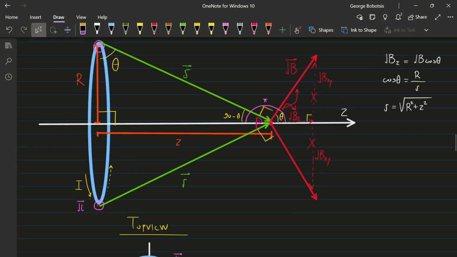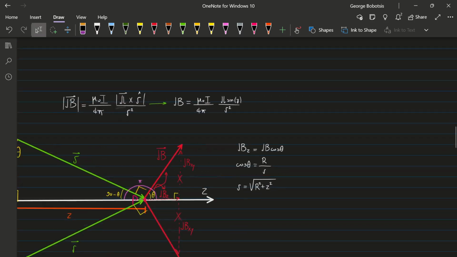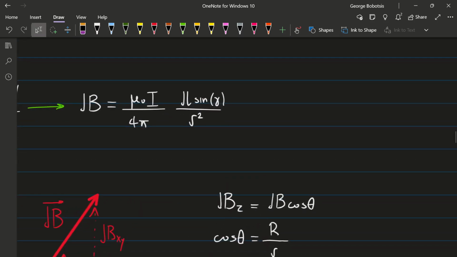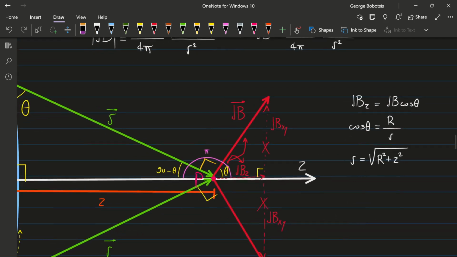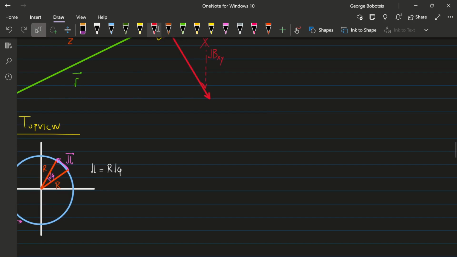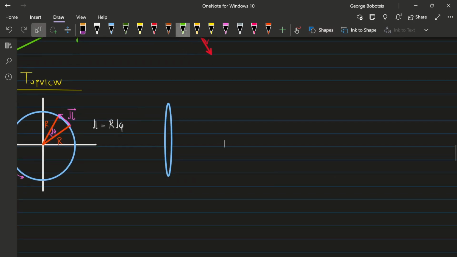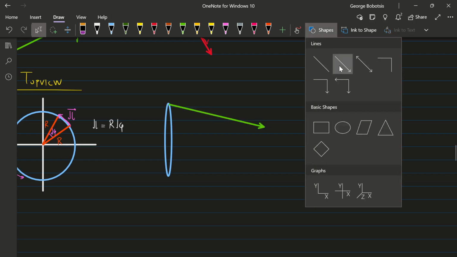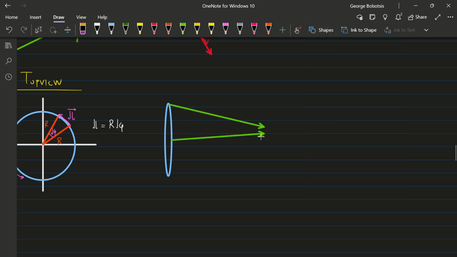Now, we got to think a little bit about that sine gamma thing. What is that? Well, it's kind of hard to convince you here, but I'll try. If you have the ring like this, and the r vector elevates itself like this above the ring and goes toward the point P, no matter where you take it, it's always going to be perpendicular to the ring.